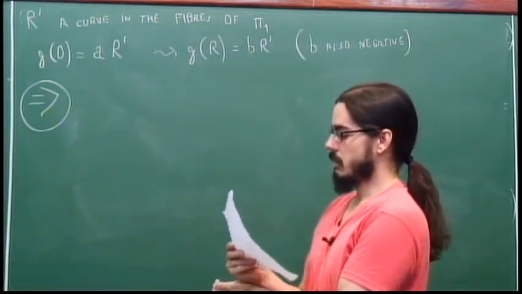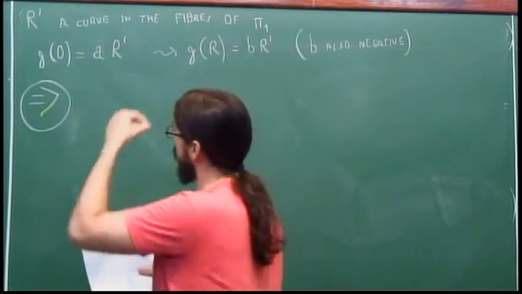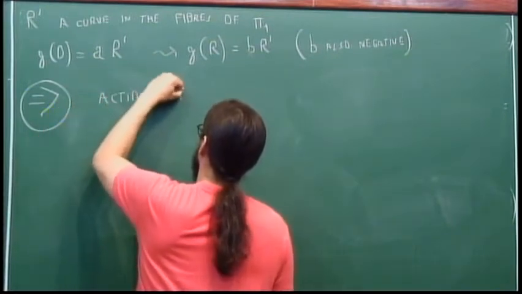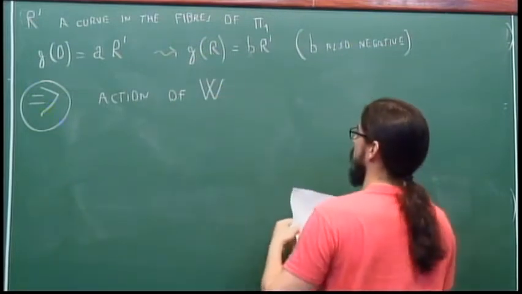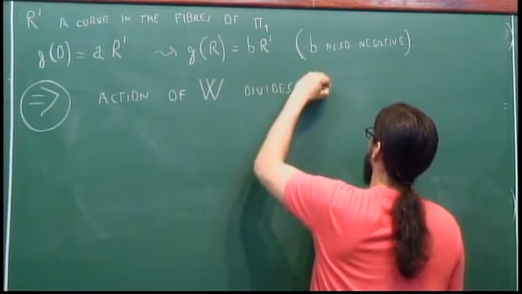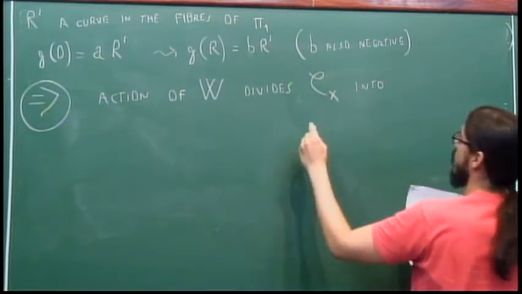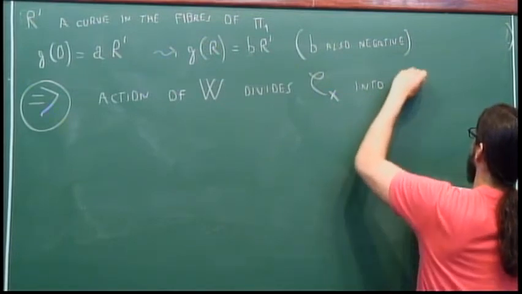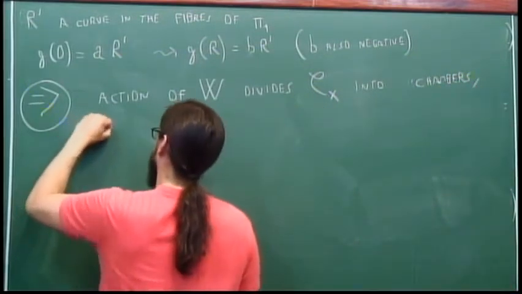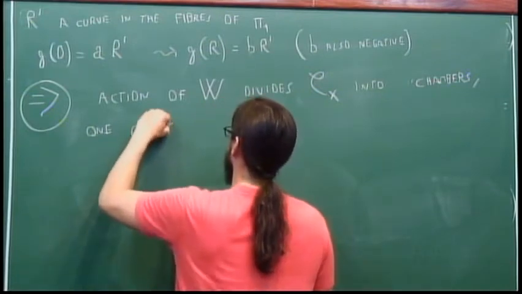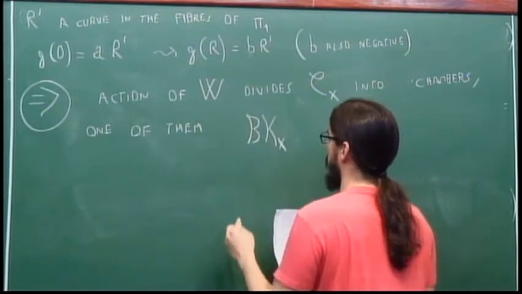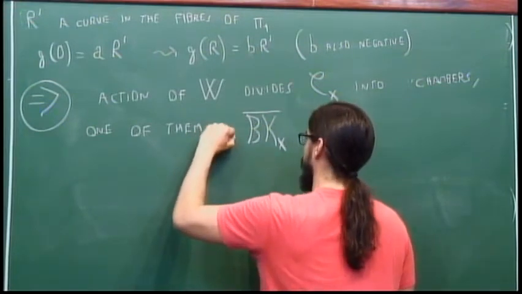The other direction is actually the easy direction. So the fact is that the action of this Weil group divides the positive cone into chambers, one of them is given by the birational Kähler cone, closed, and we take the interior of this.